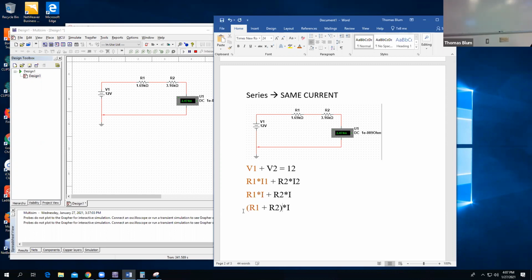So now I have it, then it looks like it's 1 R times an I. I have, in my parentheses, I am adding 2 resistors, and I multiply it by a current. So that still looks like Ohm's law. Still looks like a resistance times a current is giving my voltage of 12. And so we call this an equivalent resistance. We say if we add those 2 resistances, that one resistor would have the effect of those 2 resistors.